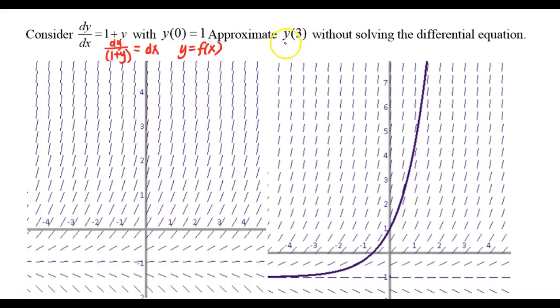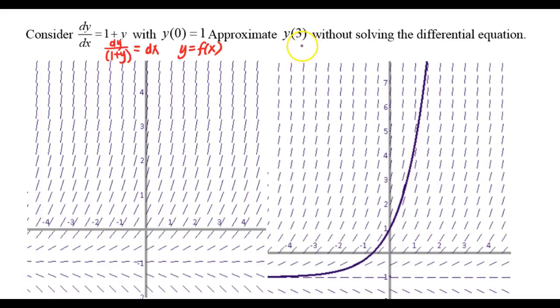But the point is, I want to approximate y of 3 without actually going through the process of solving the differential equation. In a lot of the cases we're going to look at, we're not going to be able to separate the variables, so it's not even going to be an option to find the answer exactly. In this one it is, but in general it might not be. So we want to approximate y of 3.